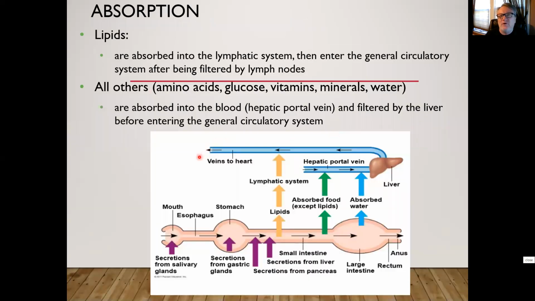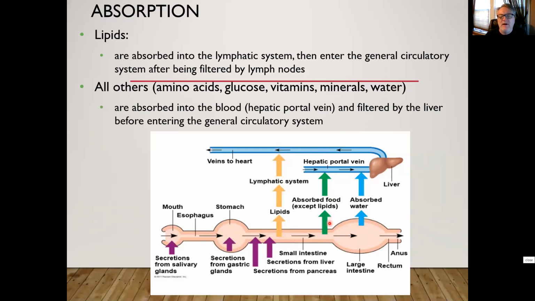So this is a figure I've shown you before, but again, this is one of my favorite summations, showing the secretions from the salivary glands, gastric juices, pancreas, and liver all coming into the digestive tract to carry out specific aspects of digestion. But then the lipids in the small intestine are directly absorbed by the lymphatic system, which will eventually drop them off into the subclavian vein, which carries them to the heart.